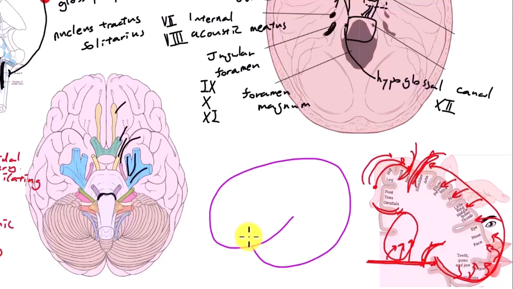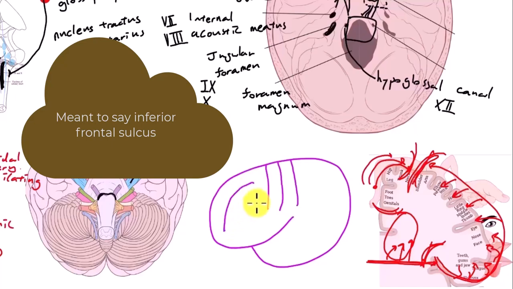Important landmarks are the central sulcus, right between the frontal lobe and parietal lobe. This is the gap that separates the parietal lobe and the frontal lobe. And there is precentral sulcus and postcentral sulcus. There is superior frontal sulcus and inferior frontal sulcus.